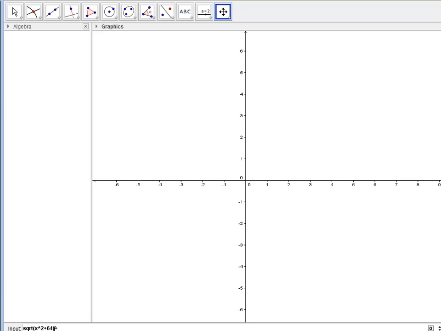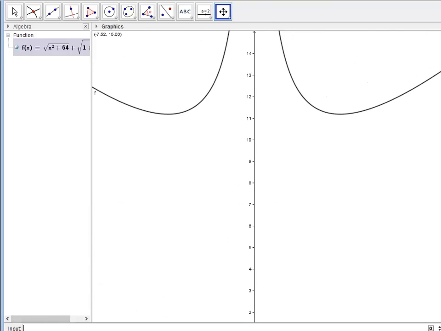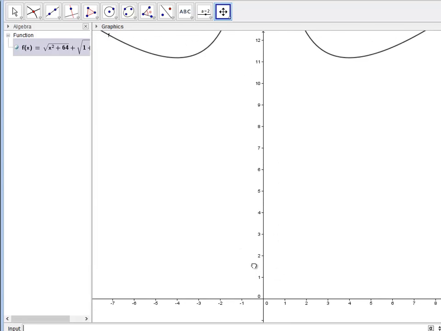L2 was square root of 1 plus 64 over x squared. It has been graphed for us, but we may need to just do a little bit of, you see it is here. Can do like this.